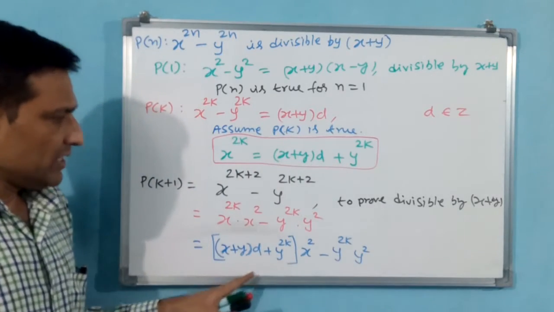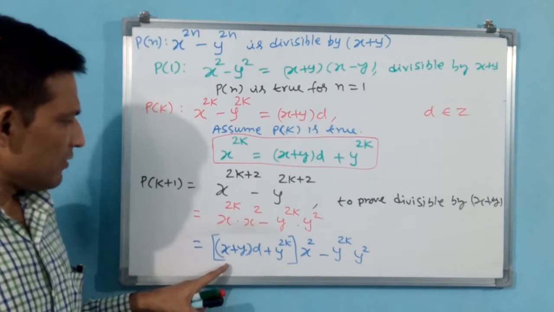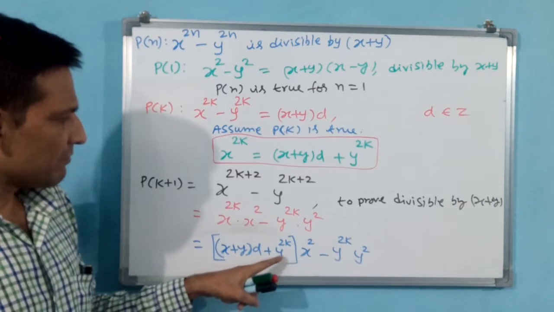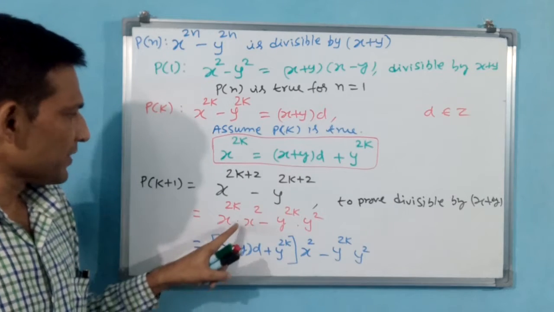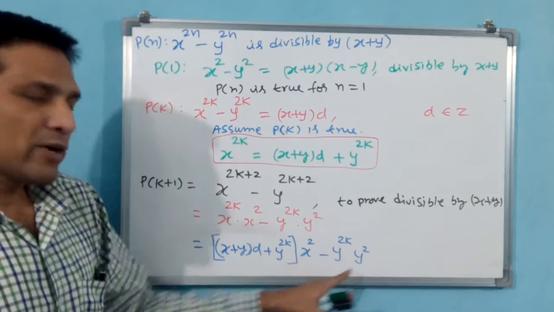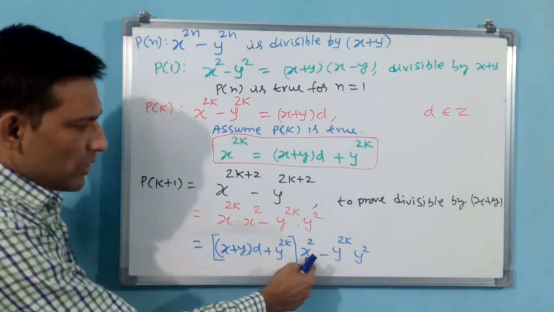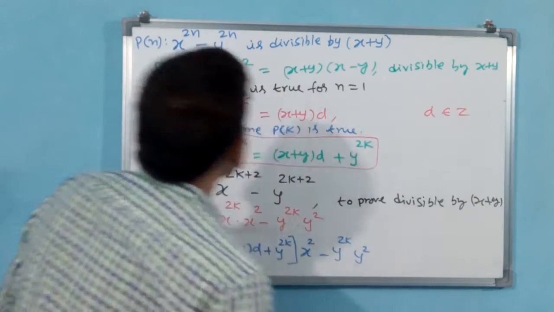Okay, first you see, then we go. You see, x power 2k value is this one, x plus y into d plus y power 2k, into x square outside, minus y power 2k into y square. Now what are we going to do? We are going to send x square inside. I am going to remove these two steps.